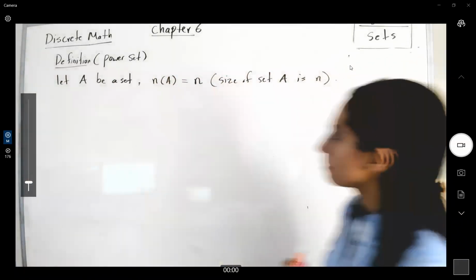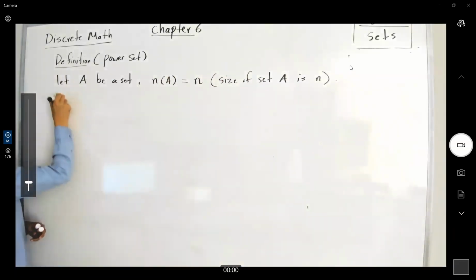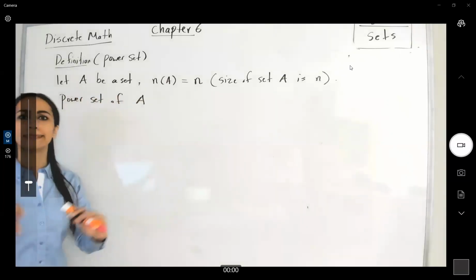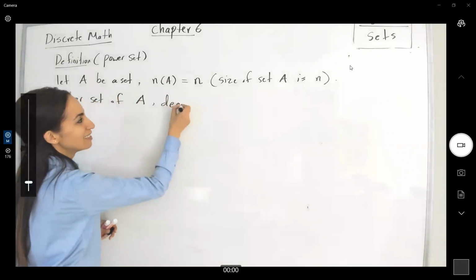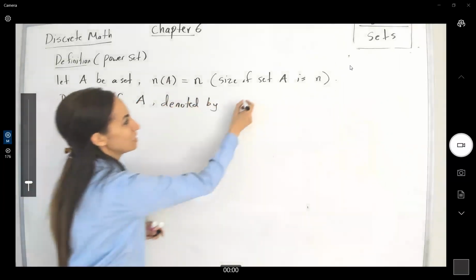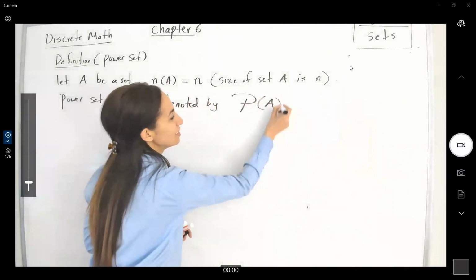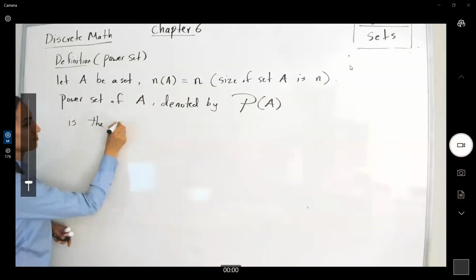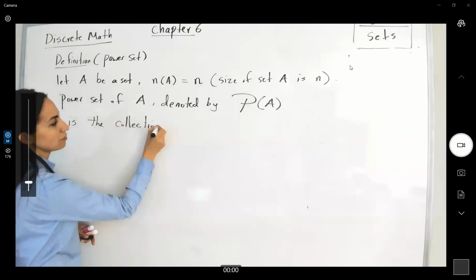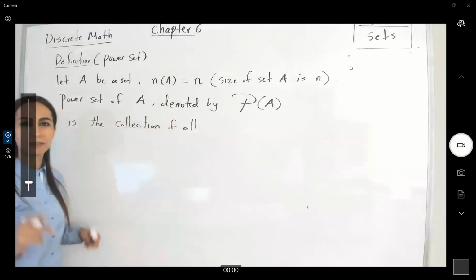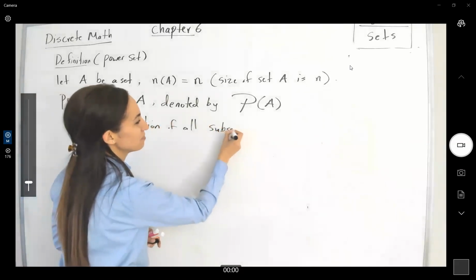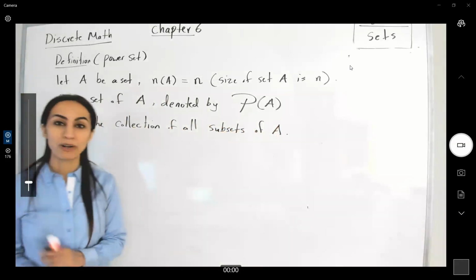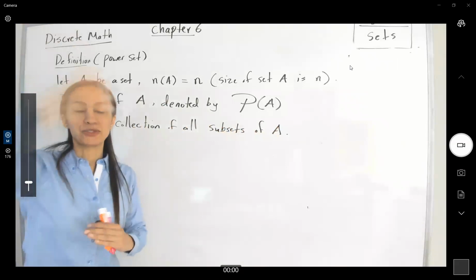Okay. Power set of A, denoted by P of A, is the collection of all subsets of A, and the cardinality of the power set is 2 raised to n.